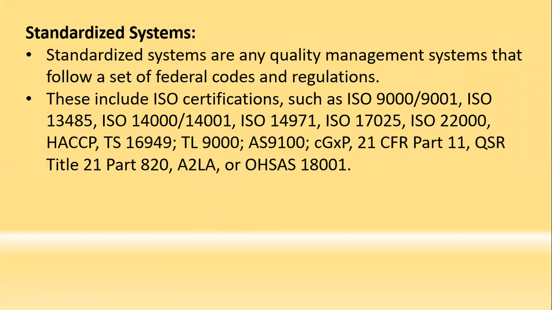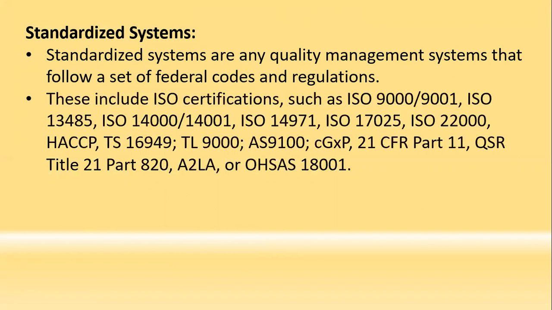right? These include your ISO certifications such as ISO 9000, 9001, ISO 13485, ISO 14000, 14001, ISO 14971, ISO 17025, ISO 22000, HACCP, DS16949, TL9000, AS900, CGXP21, CFR Part 11, QSR Title 21, Part 820.